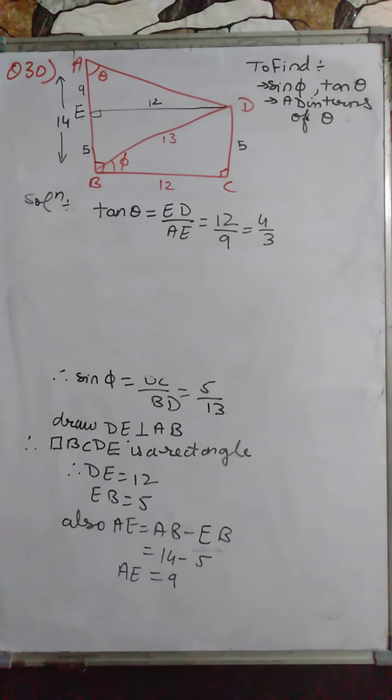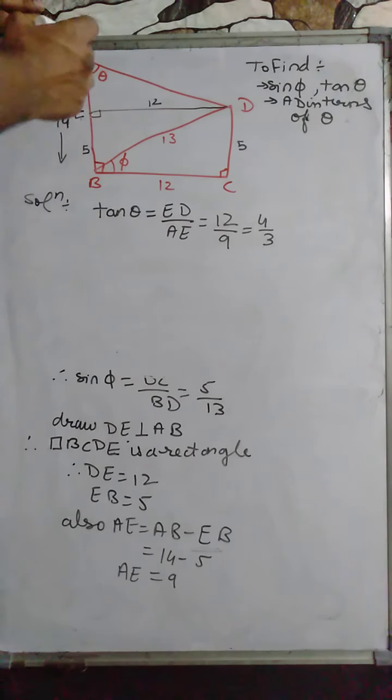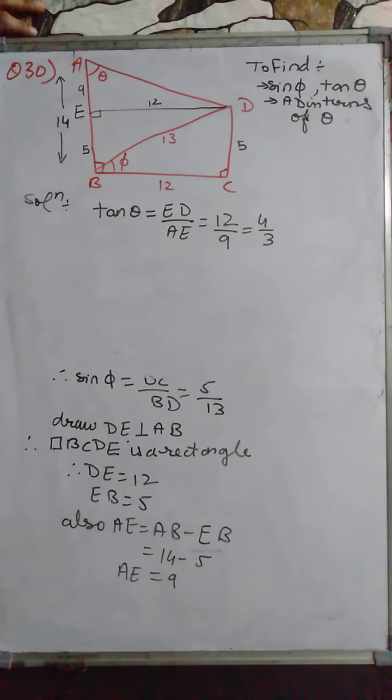That completes our first part, where we needed to find sine phi and tan theta. The other part is we need to find AD in terms of theta. AD in terms of theta means we need the value of AD in some form where you have theta in it.